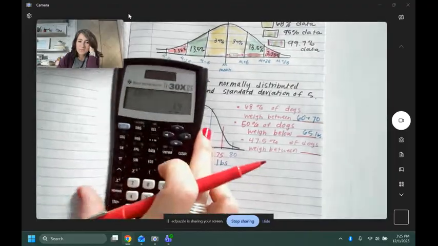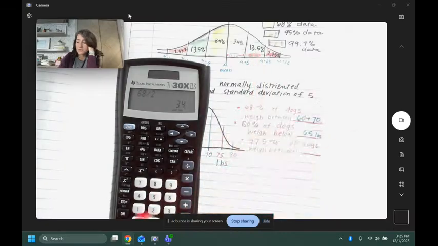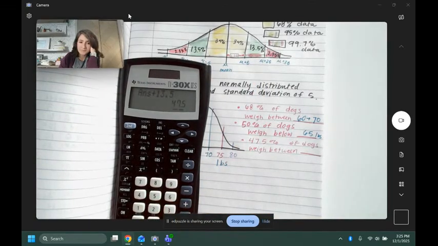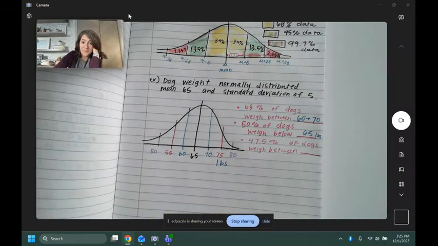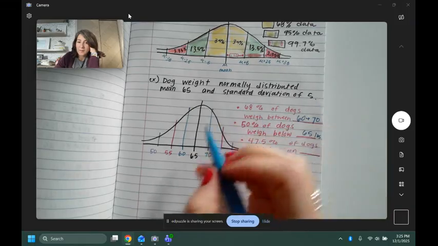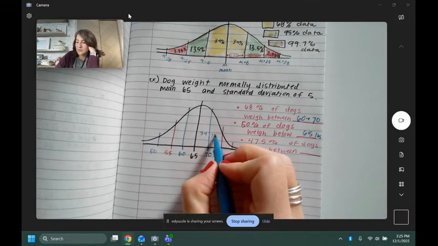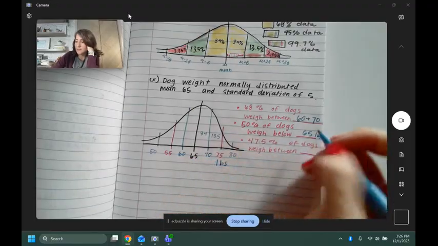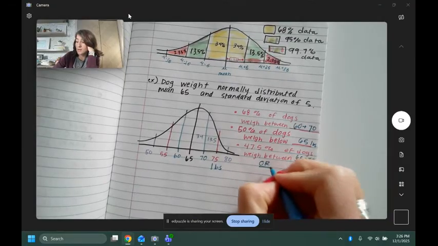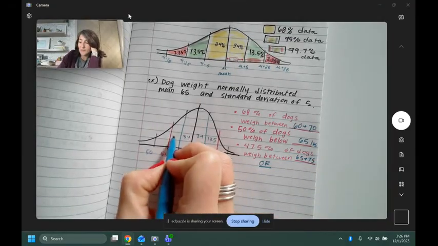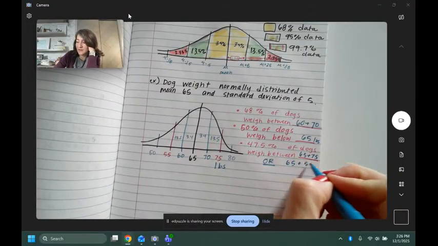So it's going to be more than 34. What about 34 plus 13.5? 47.5. So two answer choices here. I could say they weigh between 65 and 75, or this is also 34 and 13.5, between 65 and 55.